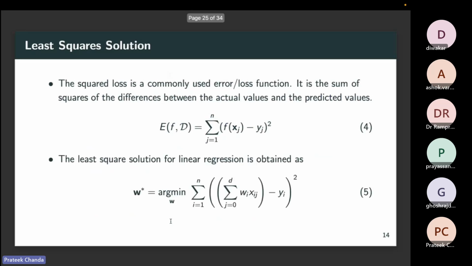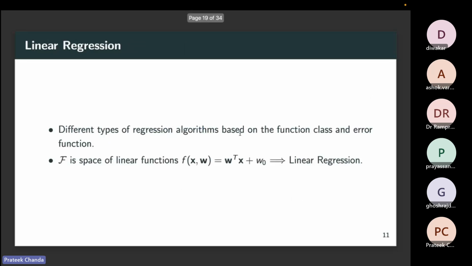I sum it over all the n instances. If I do it for this particular problem, f of xj is basically w0 plus w1 into x11 up to w_d into x1d.